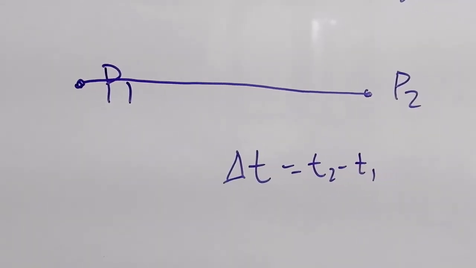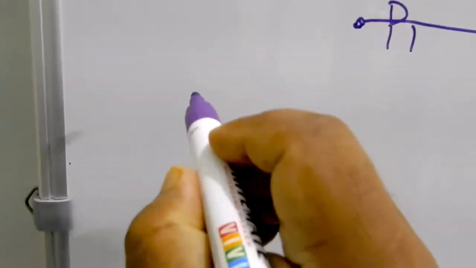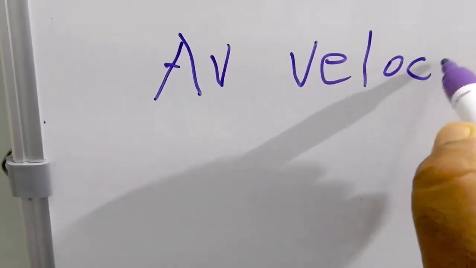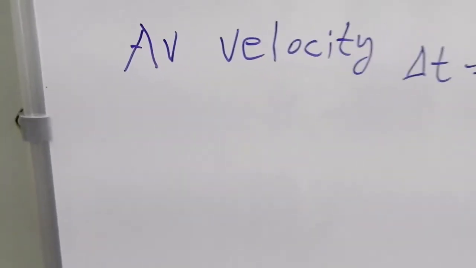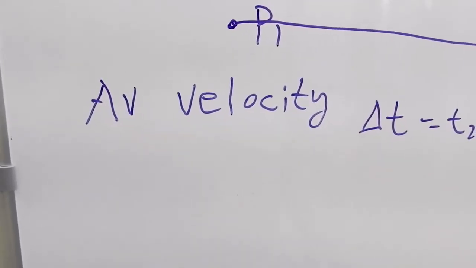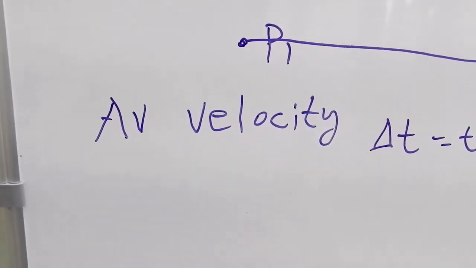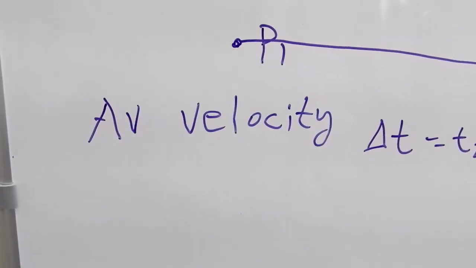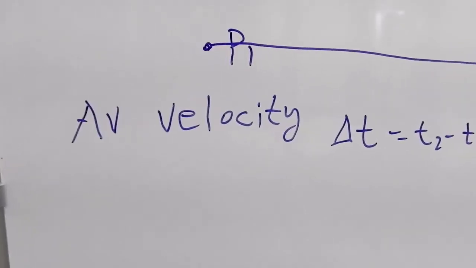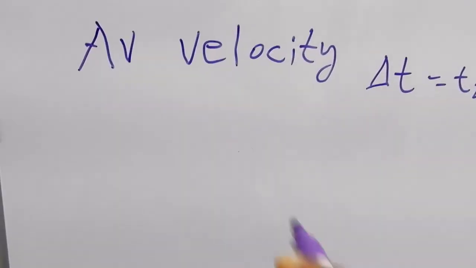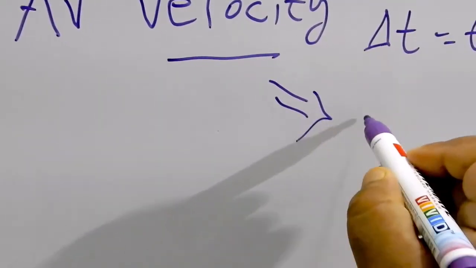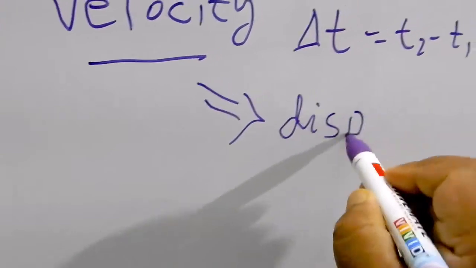So first we have to learn about the average velocity. Since average velocity is a vector quantity, it has its magnitude and it also has its direction. When we talk about average velocity, this is related to the displacement.